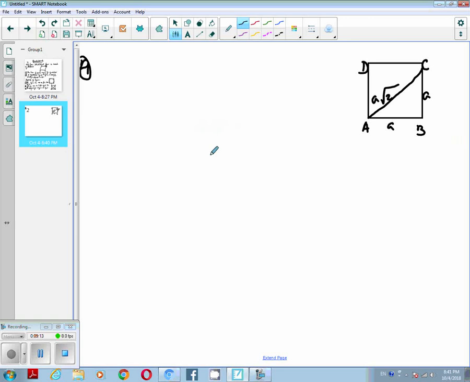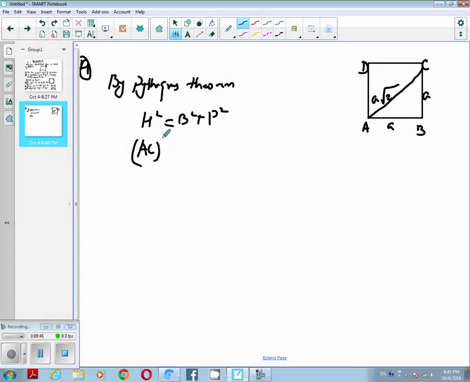And how do we come to this conclusion? Let us see. By Pythagoras theorem, hypotenuse square is equal to base square plus perpendicular square. Now hypotenuse in this is AC, so AC whole square is equal to AB square plus BC square.